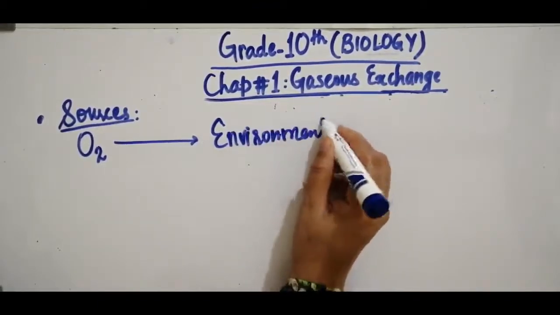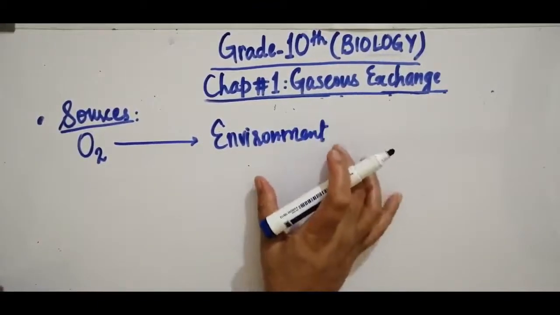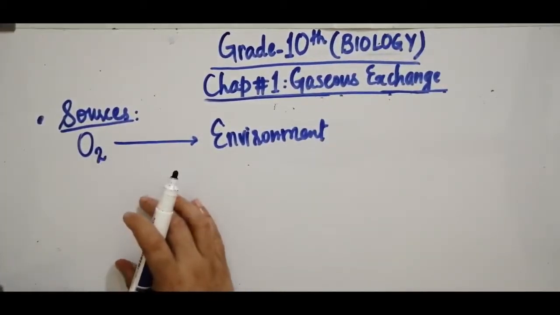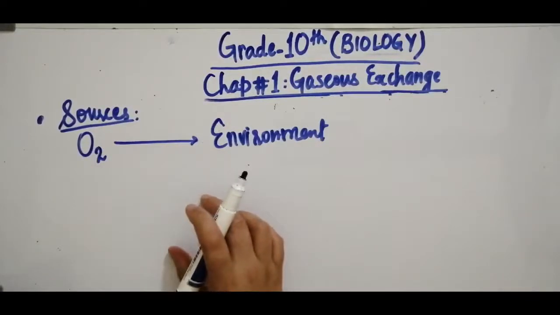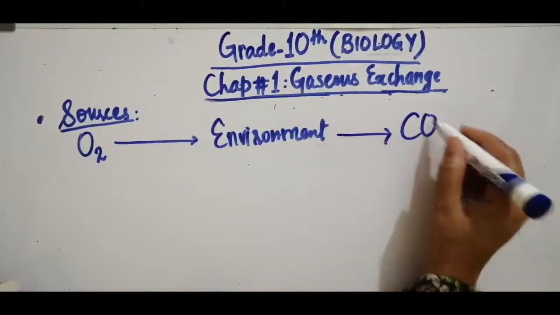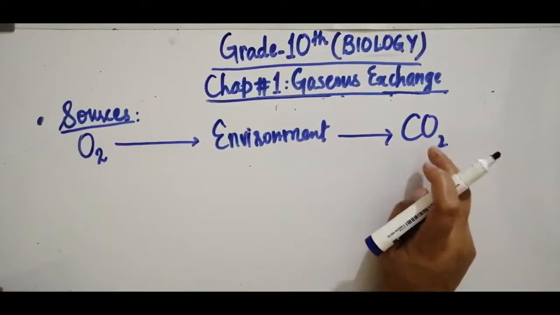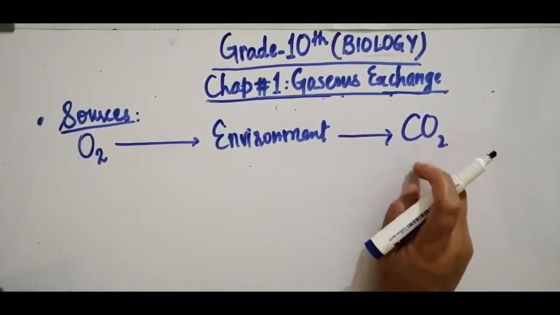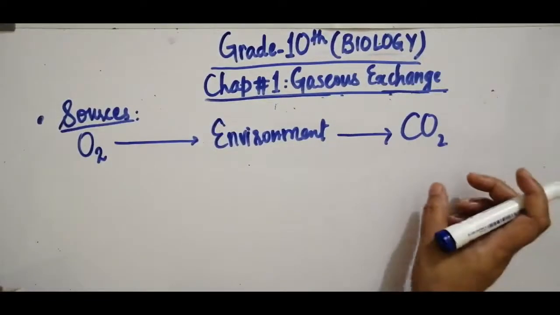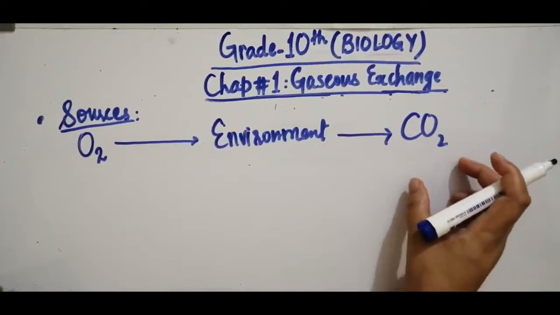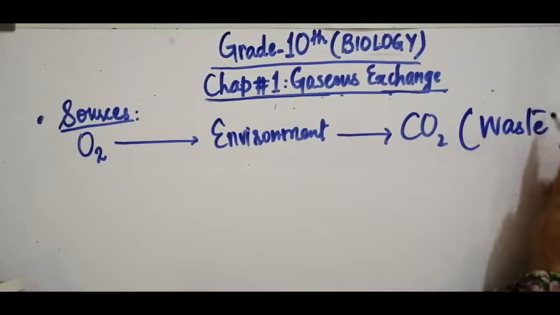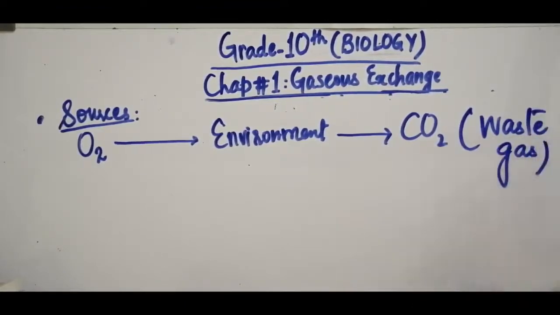After getting it from the environment, this gas enters into our body, into different cells, and inside the cell there is another gas present called carbon dioxide. Carbon dioxide is not only produced during different metabolic activities inside our cells, but it is also a waste gas, an excess gas, which has to be eliminated from our body.